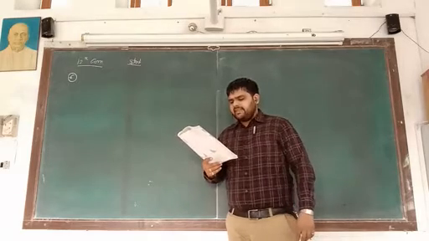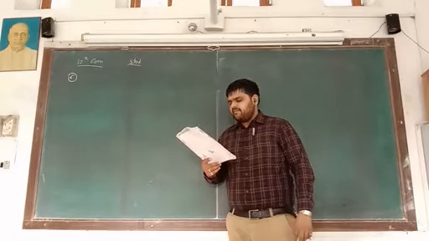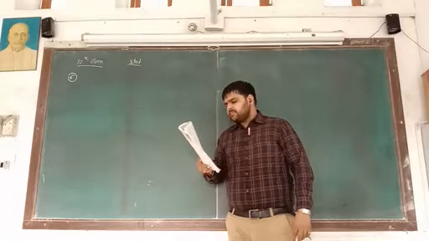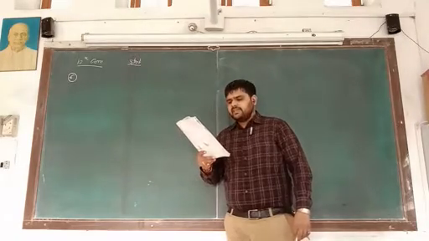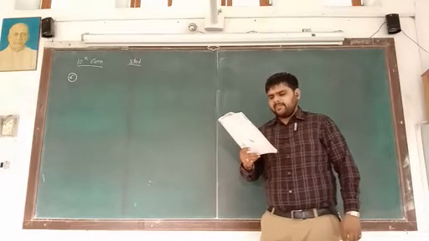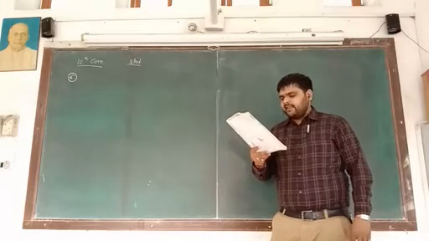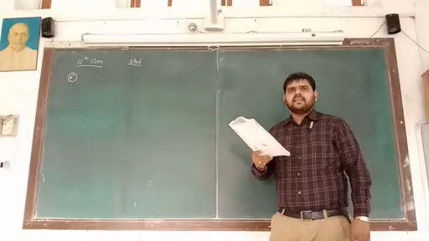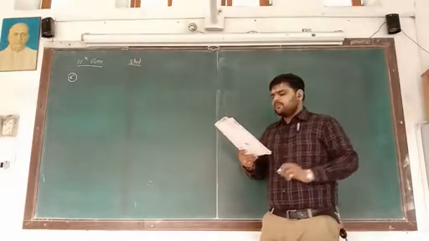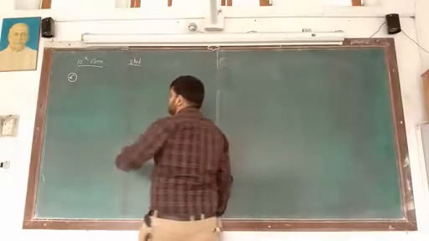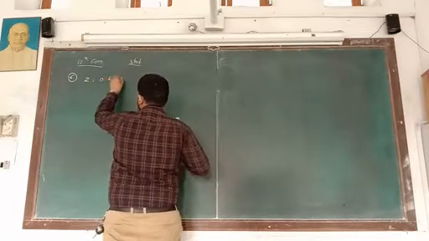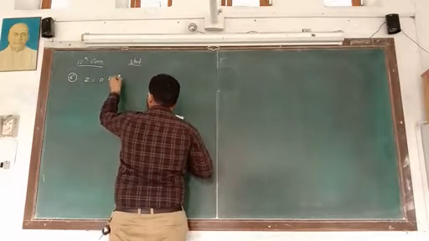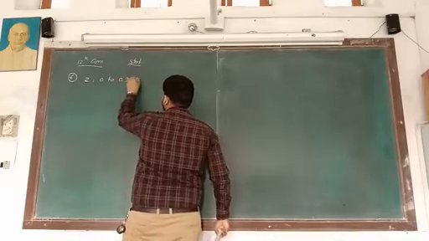Example number 6. If the probability that the value of standard normal variable z lies between 0 and z score is 0.3925, then obtain the possible value of z score z1. So two values are given. What is the value of z? Z is equal to 0 to 0.3925.